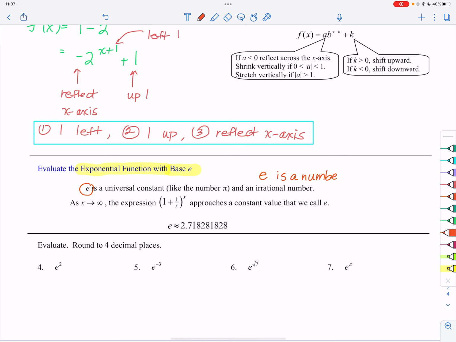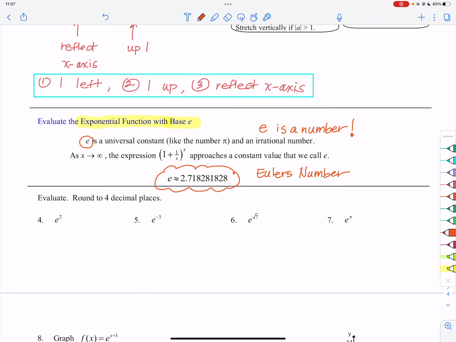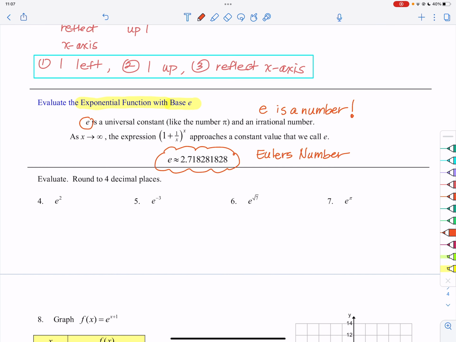It is not a variable. And it's called Euler's number. And it's approximately equal to 2.718281828.